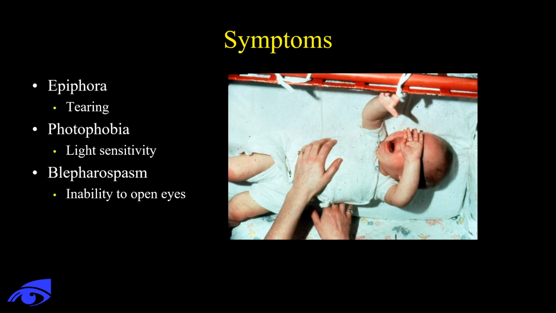In fact, one of the classic presentations of childhood glaucoma from any cause, not just Sturge-Weber, but from any cause, is what we call a triad of epiphora, which is a fancy way of saying tearing when the child is not crying, photophobia, which is light sensitivity, and blepharospasm, squeezing of the eye, inability to open the eyes. I often teach my students that when you see a baby in the clinic and they have a combination of these three findings, the most important thing is to make sure that we're not missing glaucoma.